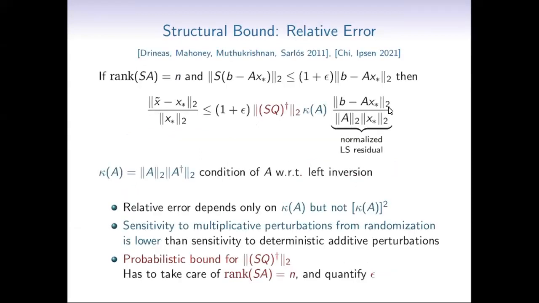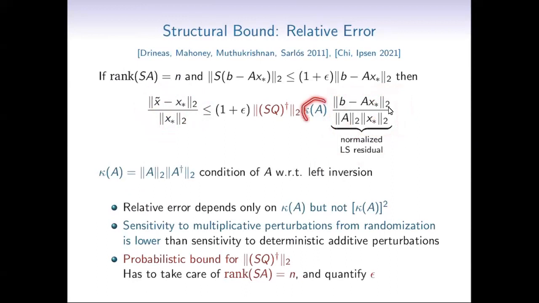So we think in terms of relative bounds, where we divide the absolute error by the quantity we want, because floating point arithmetic is characterized by relative error. So you compare the error to the size of the quantity you want. And so if we have a relative error on the left, we need relative quantities on the right. So this is a normalized least squares residual, where we normalize the residual by the matrix and by the solution.